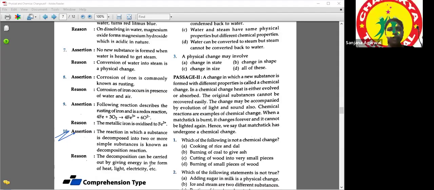Is that a product? So I feel the statement of the reason is not correct. We need a proper product for it. Okay.